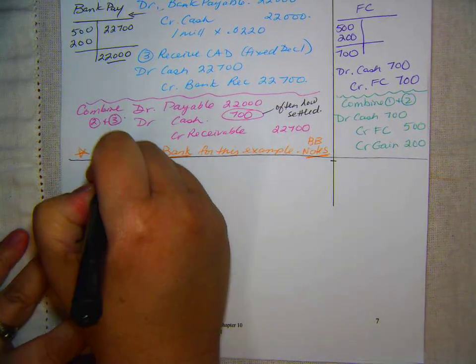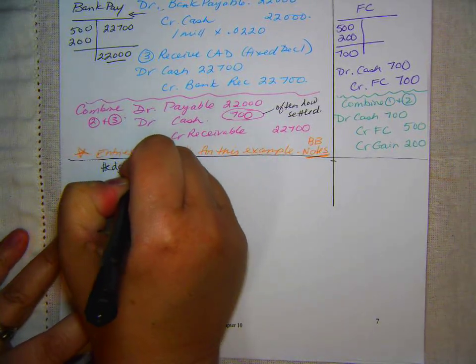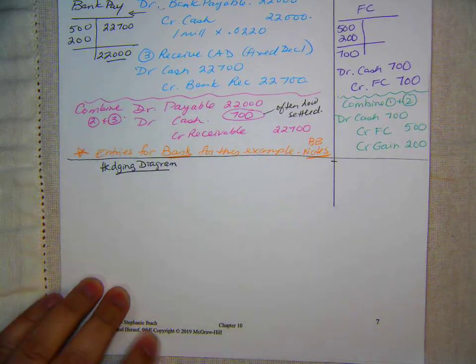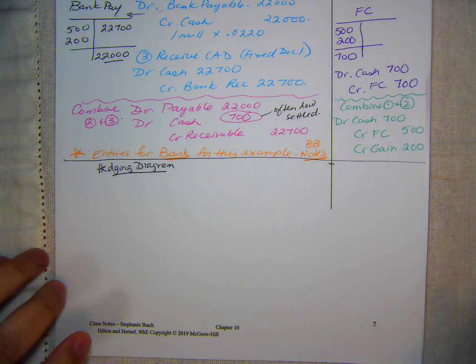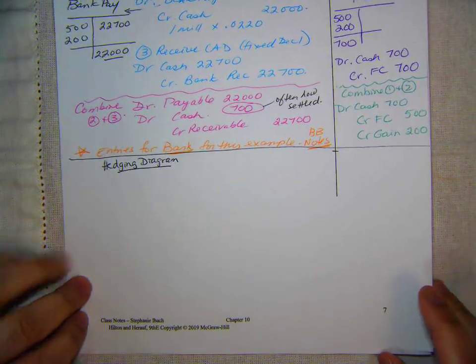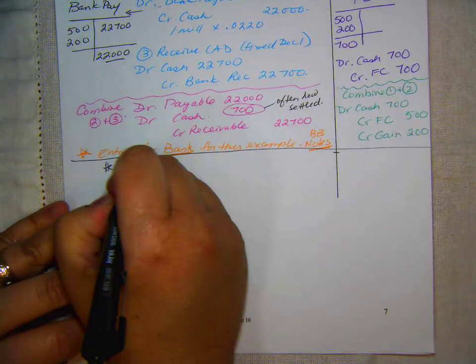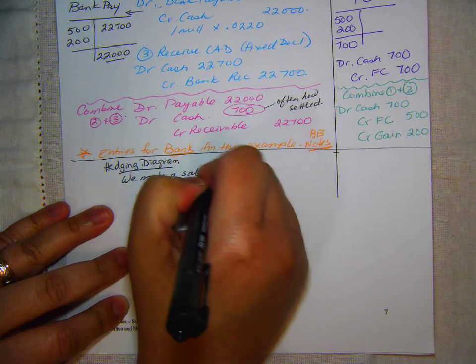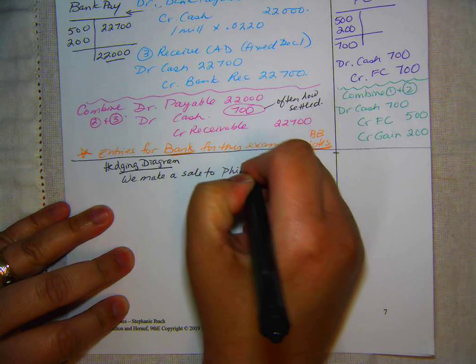And let's say we make a sale to a Filipino company for 1 million pesos in 60 days.